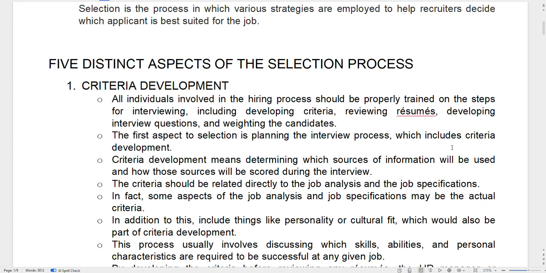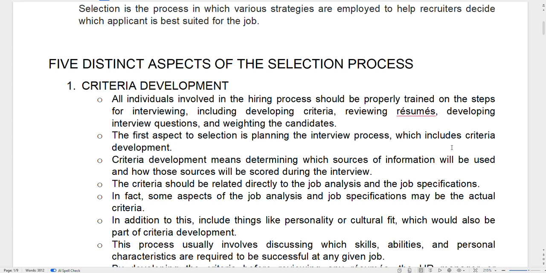That's why all individuals involved in the hiring process should be properly trained on the steps, including developing criteria, reviewing resumes, developing interview questions and weighing candidates. Of course, we really need to know how to weigh. So the first aspect of selection is planning the interview process, which includes criteria development.